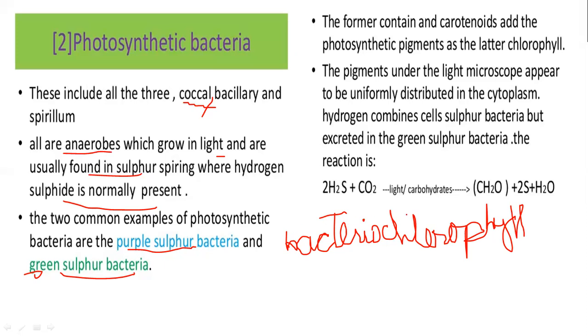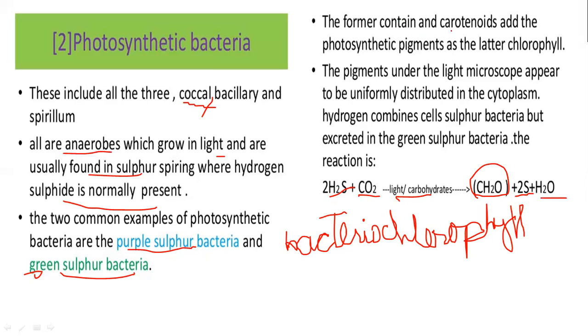Instead, they use hydrogen sulfide. Hydrogen sulfide is utilized, and in the presence of carbon dioxide and light, it forms carbohydrates, and it does not give off oxygen. It gives off sulfur as well as water.